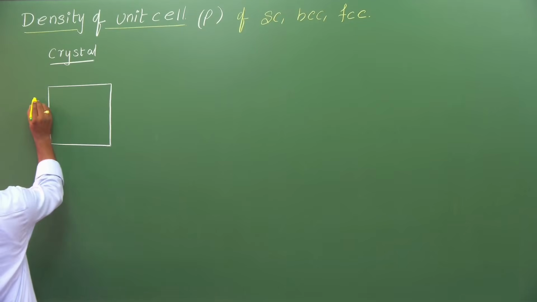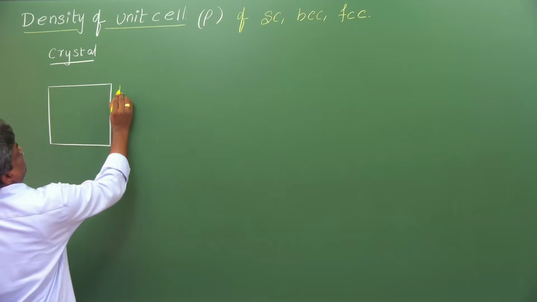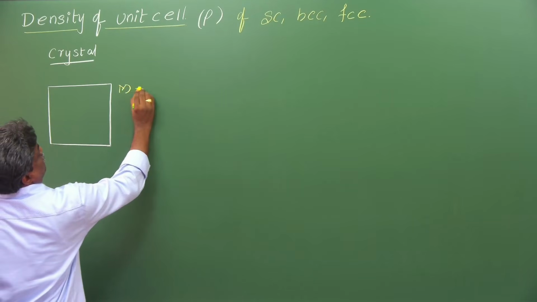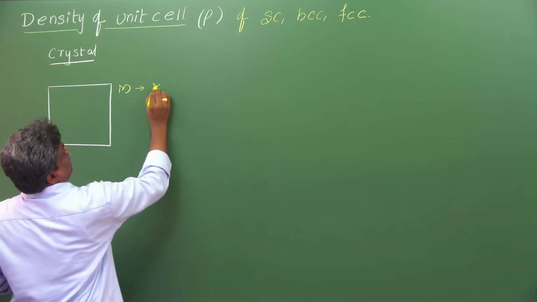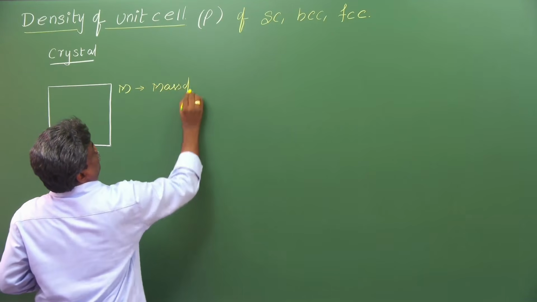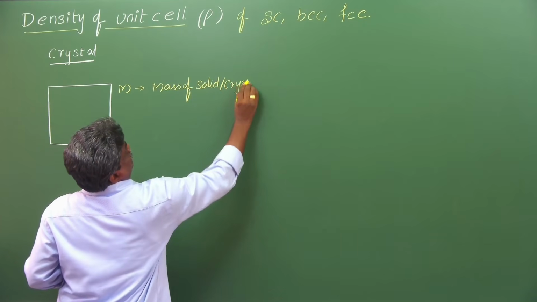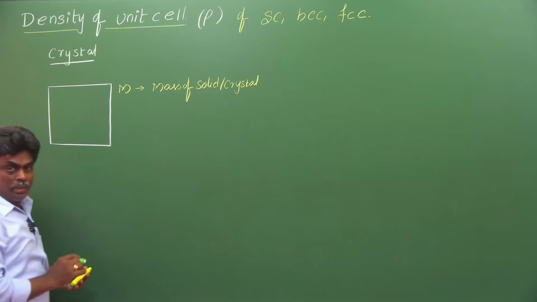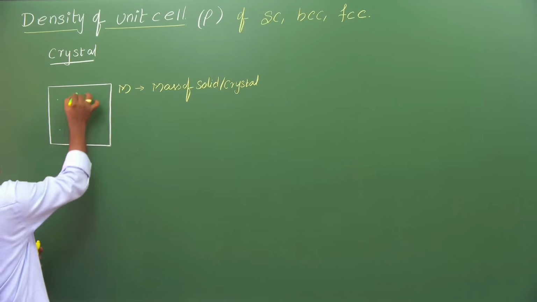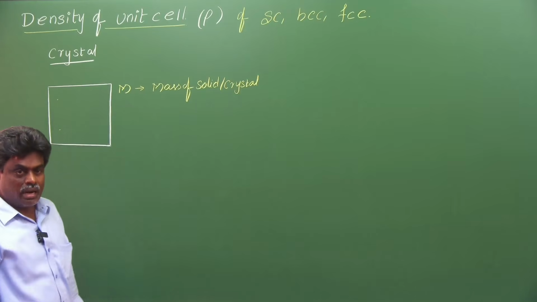So I am assuming the total mass of the solid is capital M. This is the mass of solid or crystal. And I am assuming there are capital N number of atoms, generally of the order of the Avogadro number.